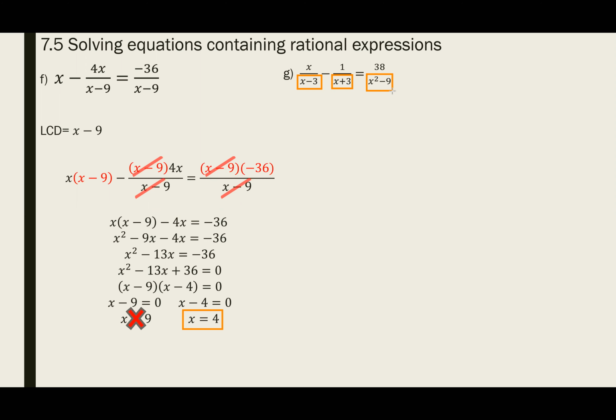So whenever there's an x squared, you want to ask yourself, is there anything you can cancel out? The first thing you need to do is factor them out.